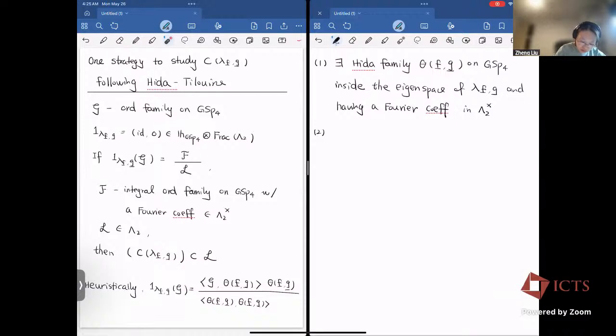It says that if I look at the classical specializations, so for classical points x, y such that the weight of the specialization of f at x is larger or equal to the weight of g at y, larger or equal to 2, and they are of the same parity.